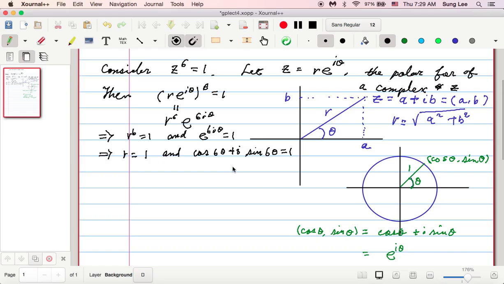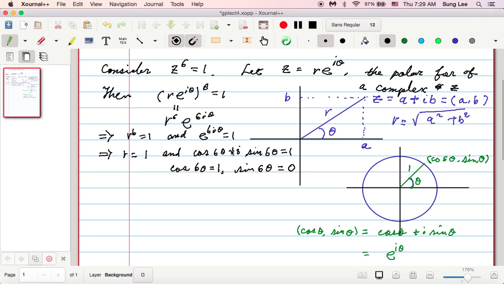Comparing real part and imaginary part, the right hand side is a real number, so there is no imaginary part. Two complex numbers are the same when the real parts are the same and the imaginary parts are the same. So cosine 6 theta equals 1 and sine 6 theta has to be 0.